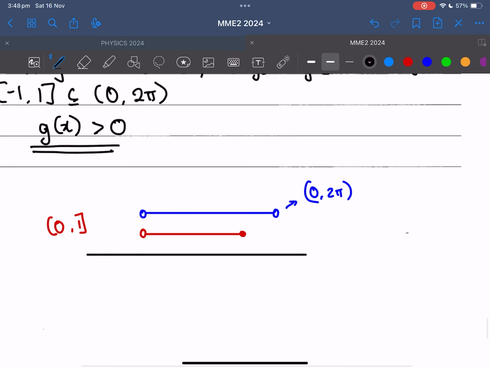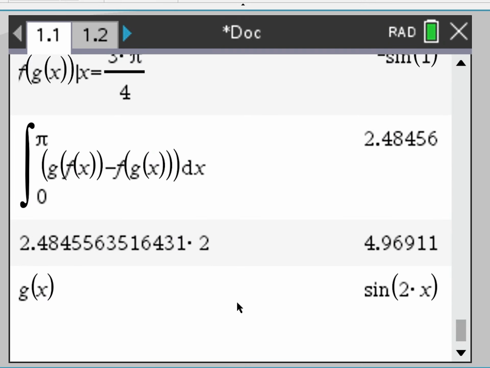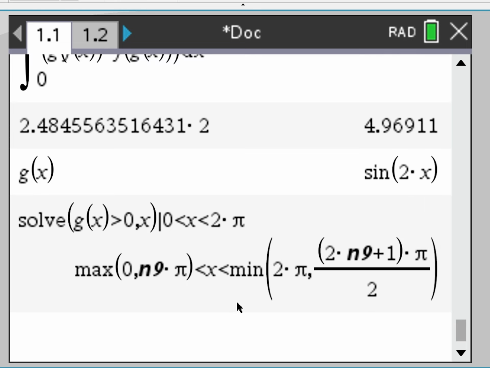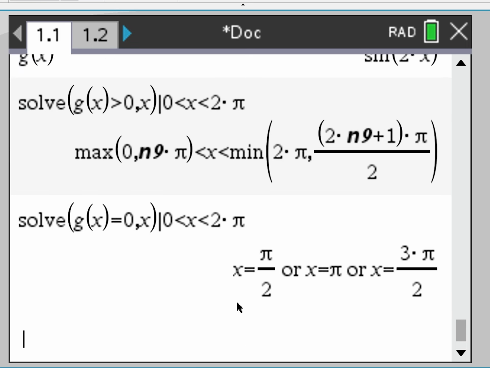Okay, so if I were to solve this on CAS, do I have g of x defined? Yes, I do. So solve g of x greater than 0, comma x, with 0 less than x less than 2 pi as our domain. Okay, well, what if I do it with equals to? Okay, there we go.